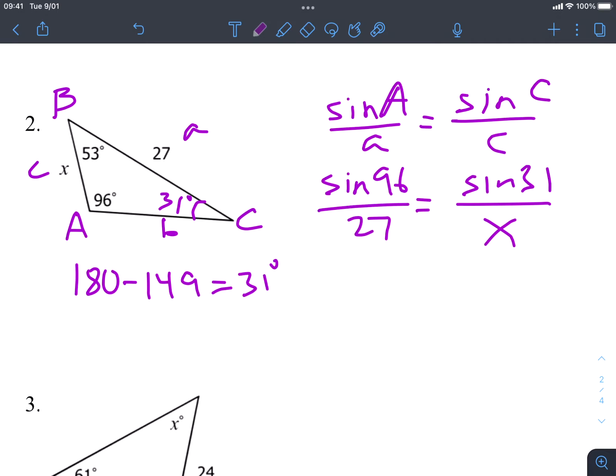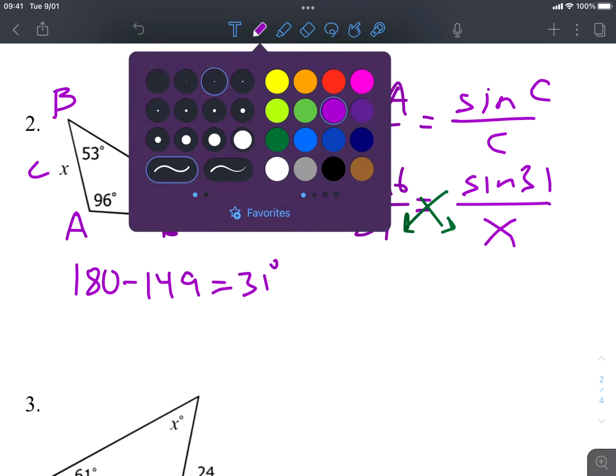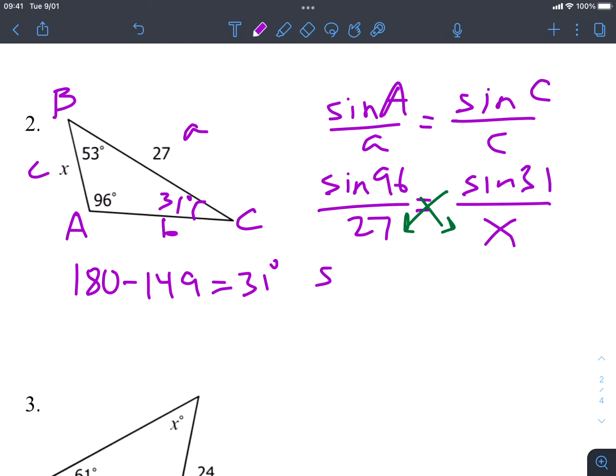I would cross multiply here. So 27 times the sine of 31 is equal to x times sine of 96.